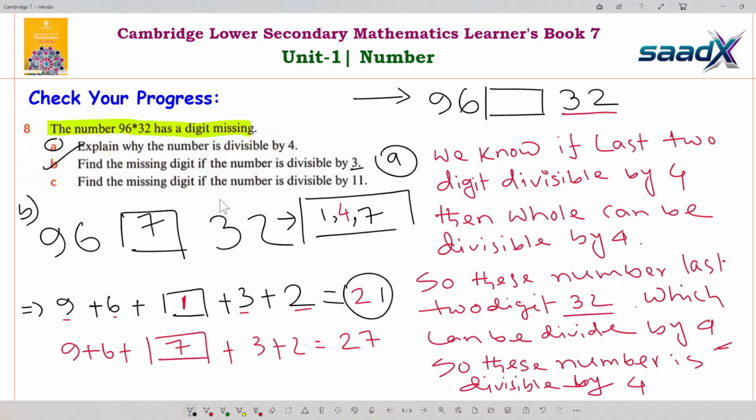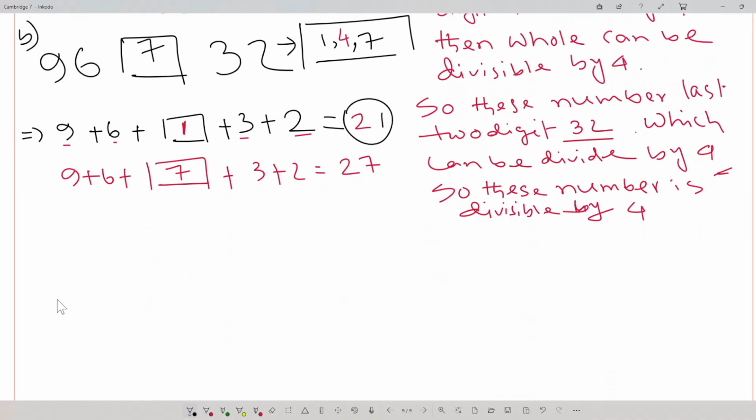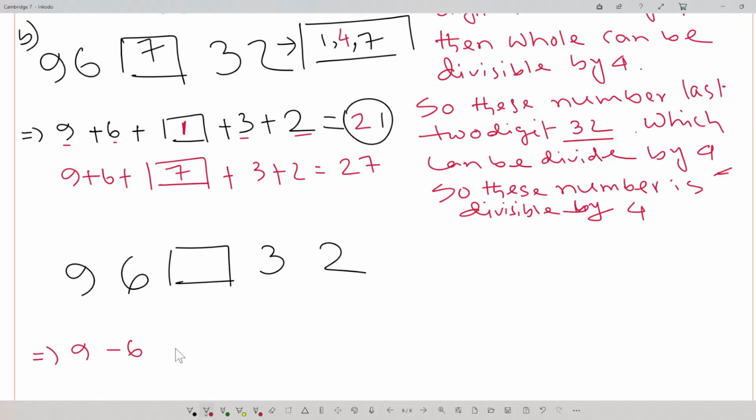Find the missing digit if the number is divisible by 11. It's a very interesting one. So for 11, look, 9 6 then blank then 3 then 2. So how can we find this? We know it's a plus minus strategy, like 9 minus 6 plus blank then minus 3 then plus 2.